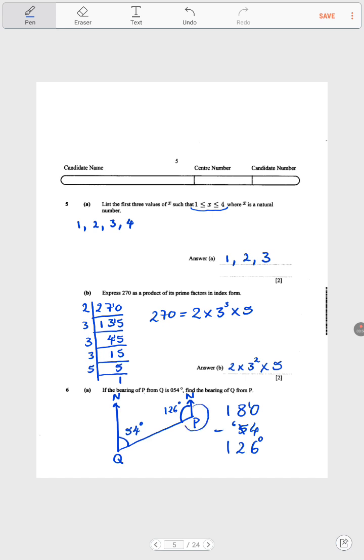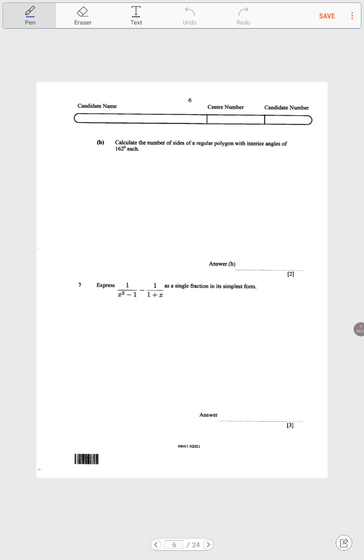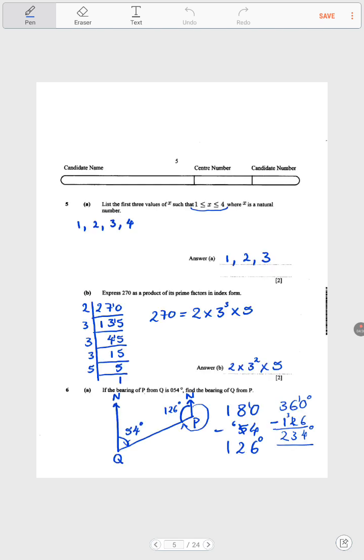Like here we start from the north line going this way, and that's the same with what we do here. So to get your final answer, you're going to say 360 minus 126. Here you get 4, here you get 3, and here you get 2. So your bearing is going to be 234 degrees. Okay, let's move on.